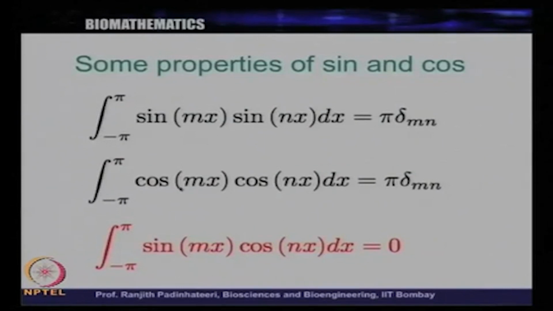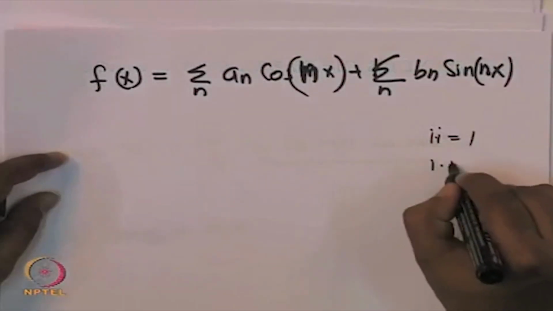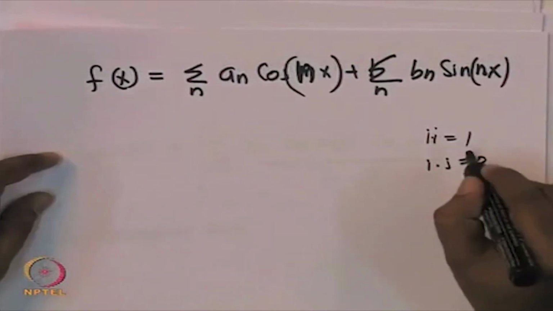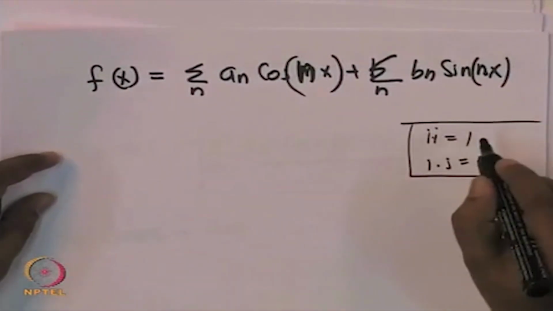So, we use two properties: that the integral of cos mx cos nx is delta mn, and sin mx cos nx is 0. These two properties are like the two properties that we used earlier, i dot i equal to 1 and i dot j equal to 0. We use these two properties.